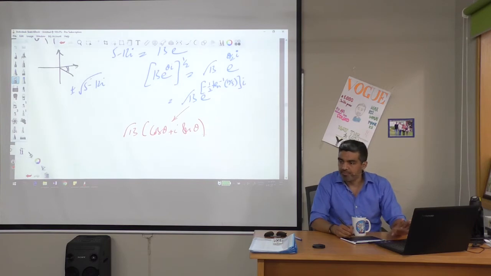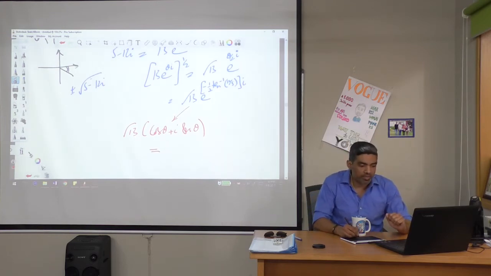This in turn gives you the a plus b i form. You take cos theta multiplied by root 13, you get a. Take sin theta multiplied by root 13, you get b. So basically, this is your a plus b i form.